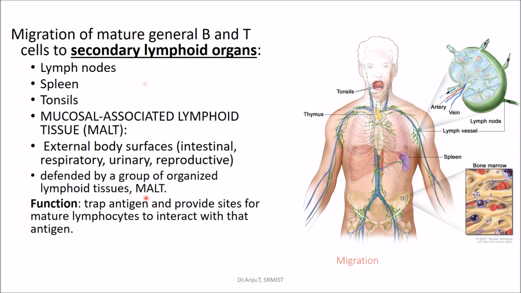The secondary lymphoid organs are the regions where the antigens are entrapped. And these secondary lymphoid organs provide the site for the mature T and B cells to act against the trapped antigens.